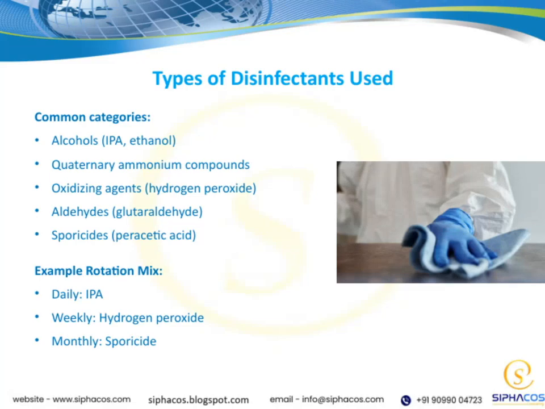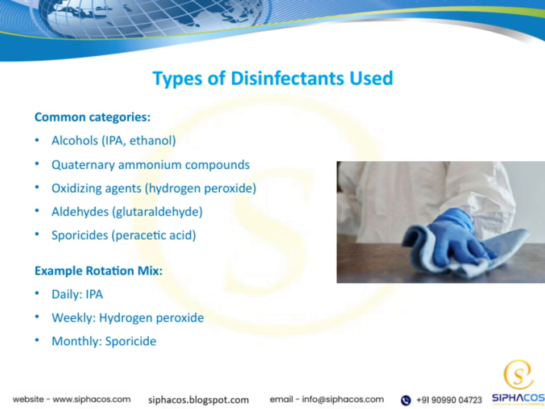Now, let's take a look at the common categories of disinfectants we use. First, we have alcohols like isopropyl alcohol, or IPA, and ethanol. These are widely used because they act quickly and are effective against many microbes. Next are quaternary ammonium compounds, which are versatile disinfectants often used in surface cleaning.